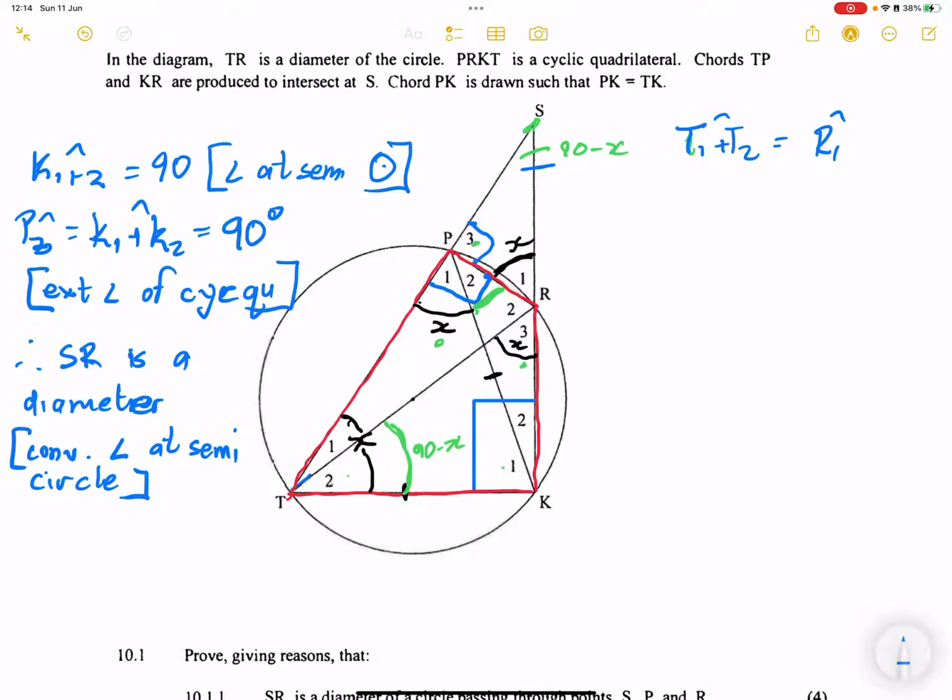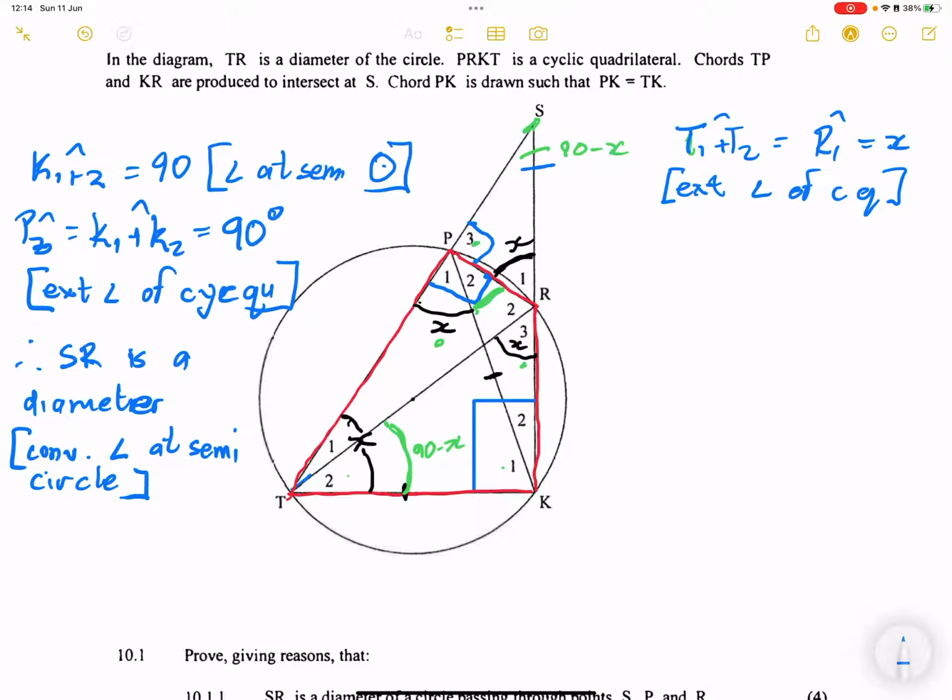So we named it X. Let's say this is equal to X. Now, why are they equal? Because this is the exterior angle of a cyclic quad. Because those two are equal, we named it X.